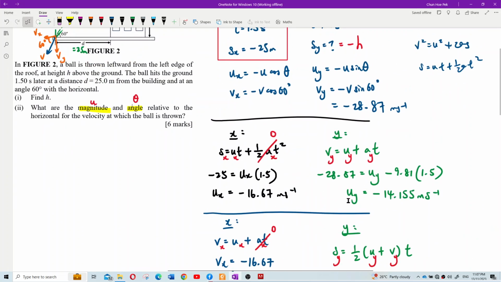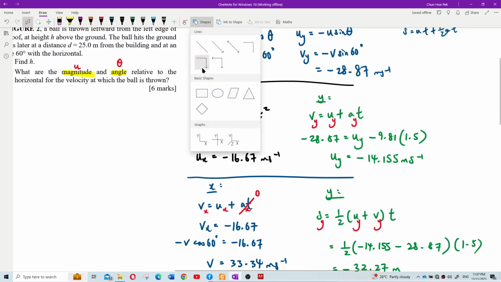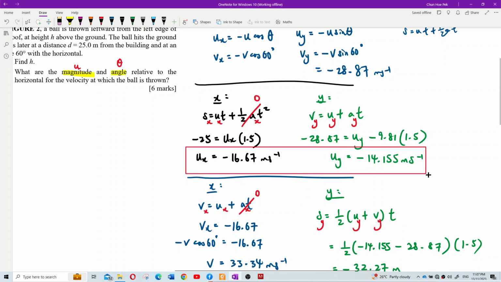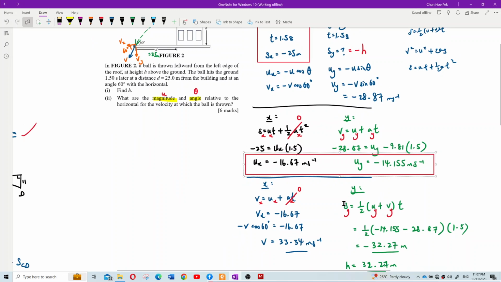I already have ux and uy, class. Just use these two pieces of information. So the magnitude of u by Pythagoras is the square root of ux squared plus uy squared. That's right.